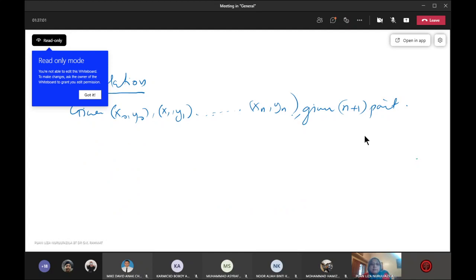Okay, so if you have all these points, we can plot. Tadi saya dah tunjukkan. We can plot the points on the graph and find some kind of function.